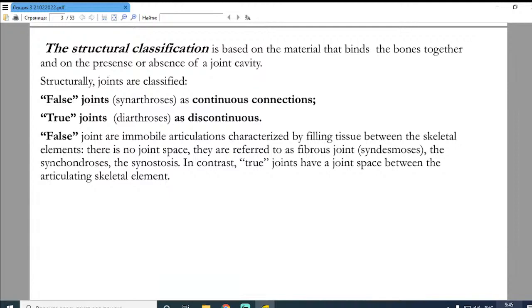False joints are immovable articulations characterized by filling tissue between the skeletal elements. There is no joint space. They are referred to as fibrous joints, syndesmosis, synchondrosis, synostosis. In contrast, true joints have a joint space between the articulating skeletal elements.